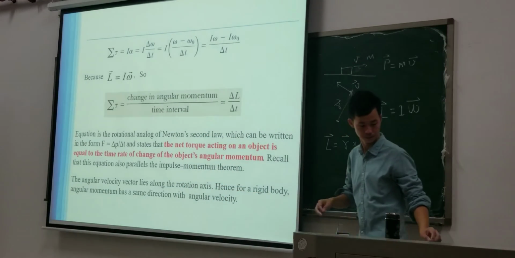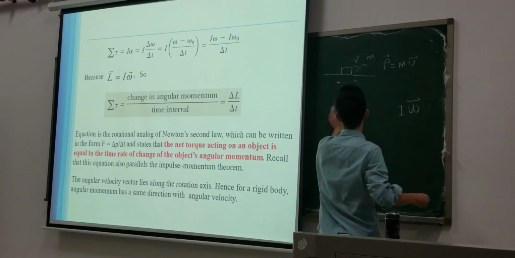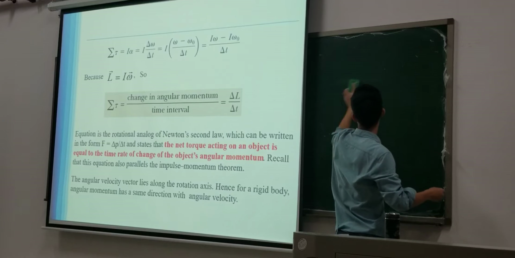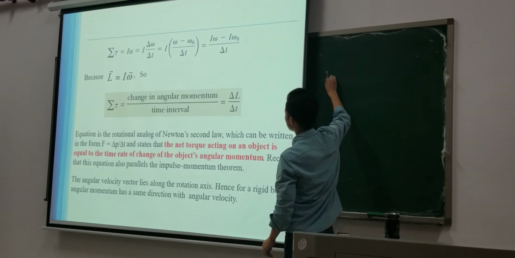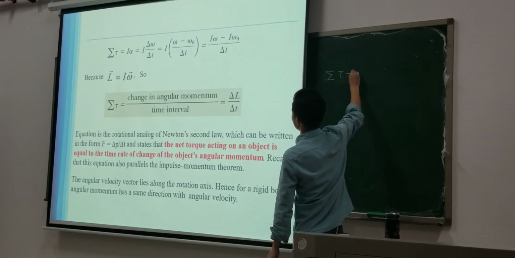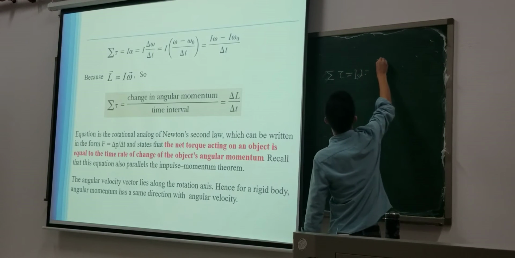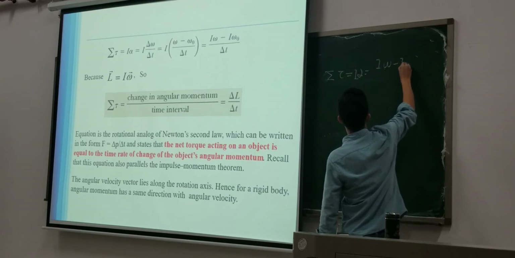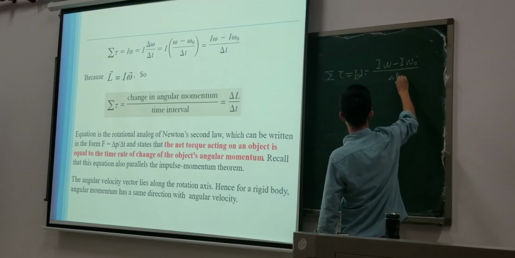Because the net torque is equal to I alpha, it is equal to I omega minus I omega 0 over the time interval delta t.